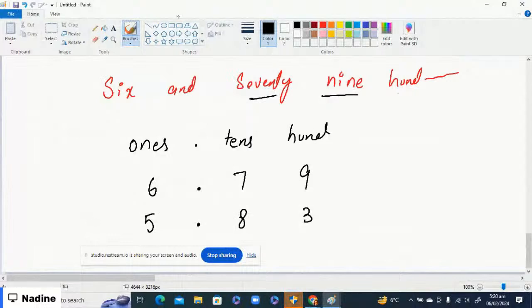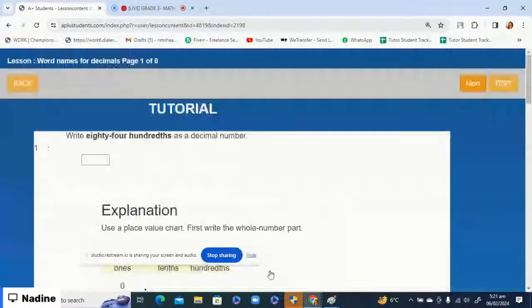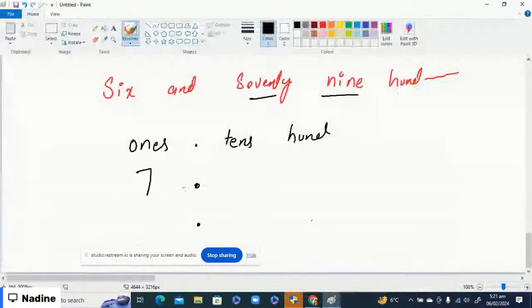Okay, let's do the next. 7 and 98 hundredths. Look here, 7 and 98 hundredths. This becomes 7.98.